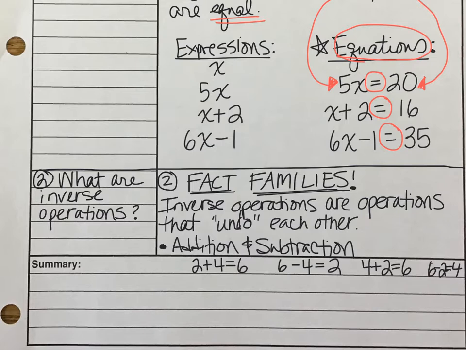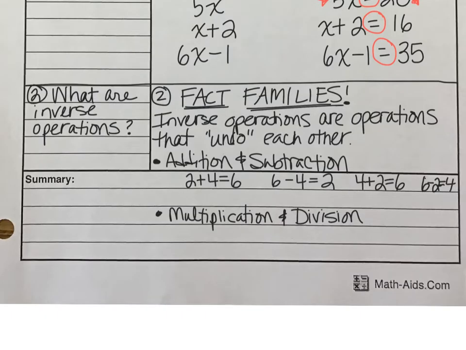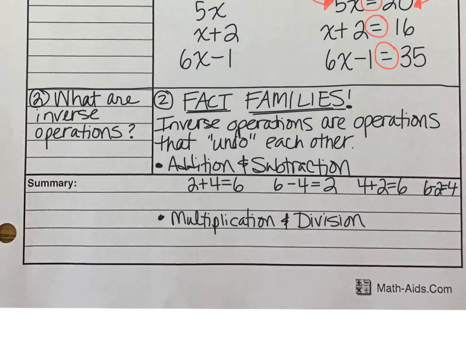You can also do this with multiplication and division. Fact families with multiplication and division look very similar to the fact families for addition and subtraction. So a multiplication problem that says 3 times 5 equals 15 can also be written as 5 times 3 equals 15.